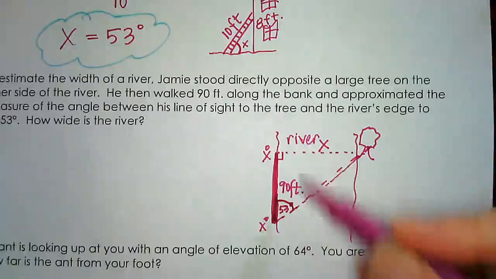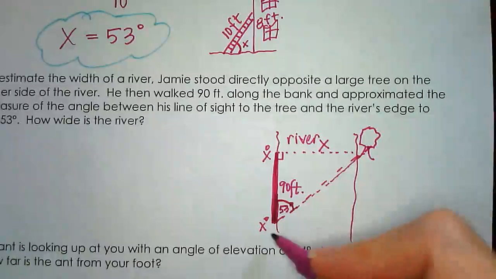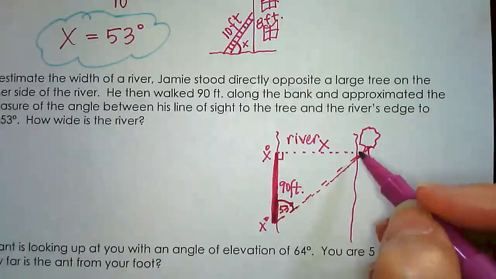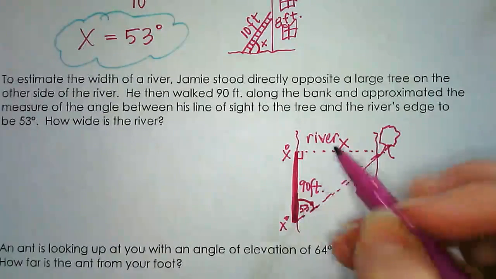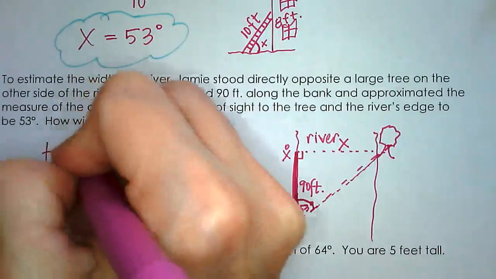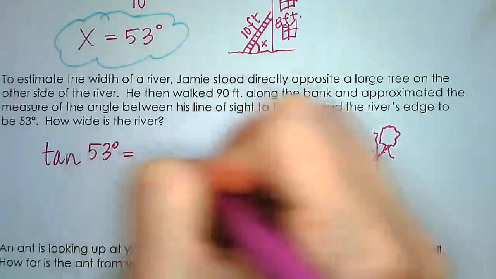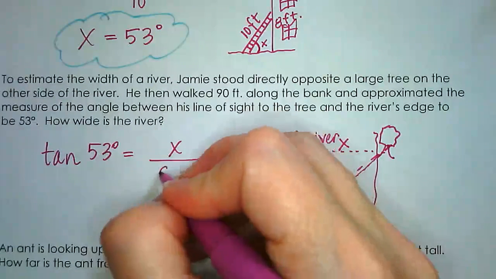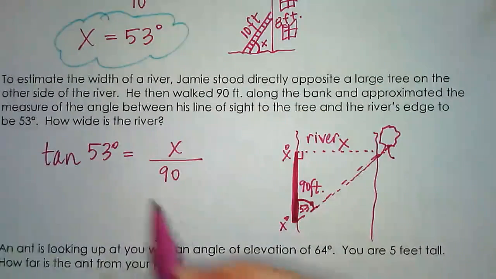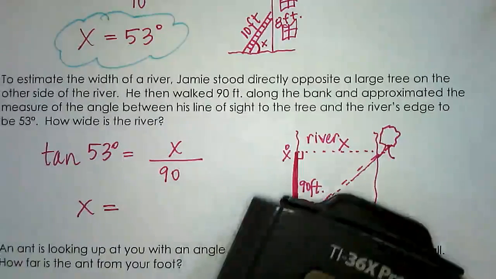So how wide is the river? From this angle, I'm thinking it's tangent, because obviously we don't know this measurement. If we knew this measurement, we could take this one easier than that one. So tangent of 53 degrees is the opposite side, which we don't know, over the adjacent, which is 90. To get this answer, we just need to multiply those two together.